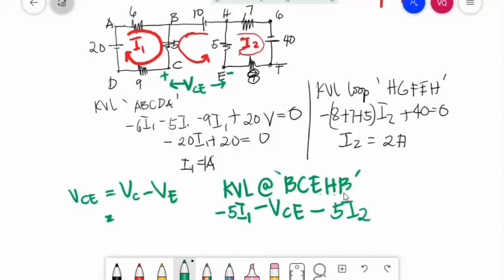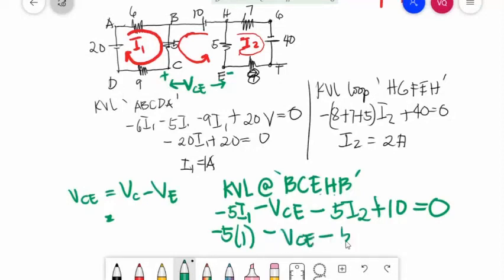Then HB, from negative to positive, so you have plus 10 equal to 0. Substitute the values of I1 and I2. Negative 5 times 1 minus VCE minus 5 times I2, which is 2, plus 10 is equal to 0.